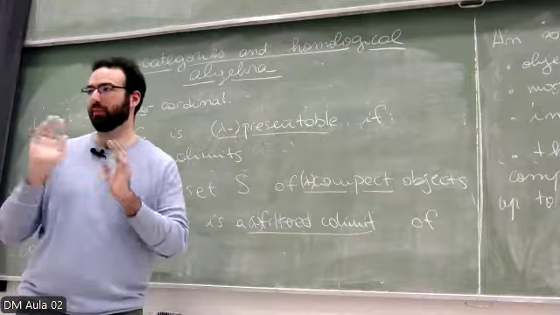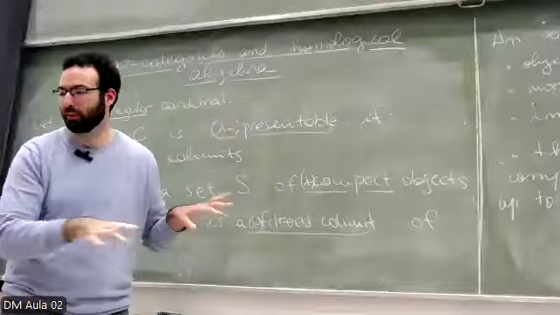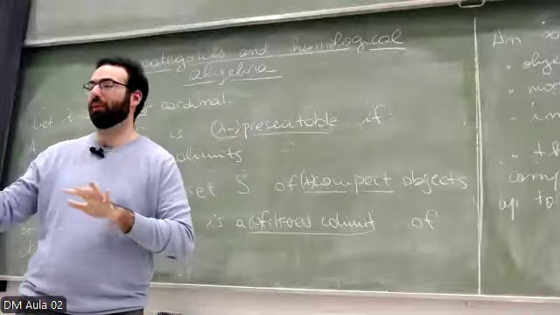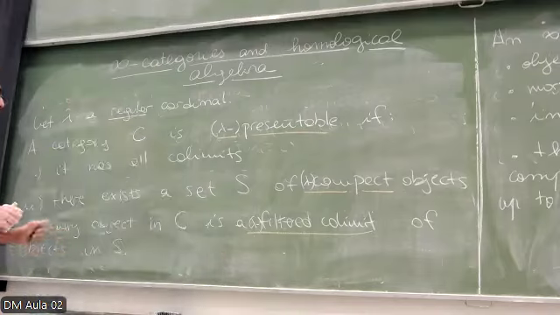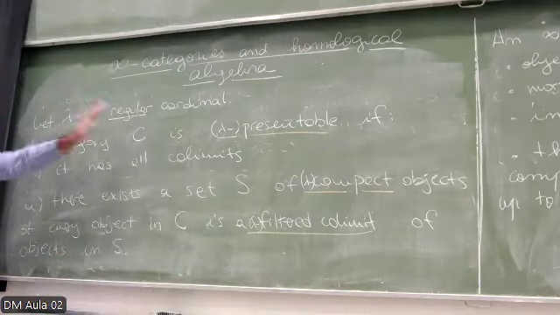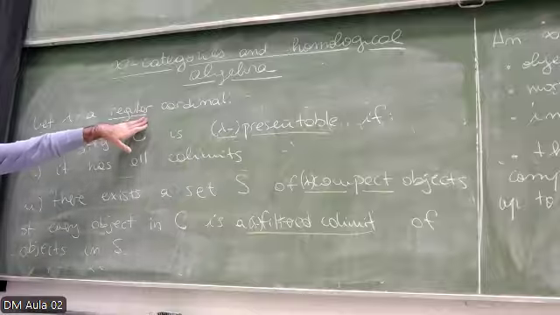Just give me 1 second. I'll just go over the definition because I have a minute left, and we can go over that in the question section. So let lambda be some cardinal with a condition I haven't explained.